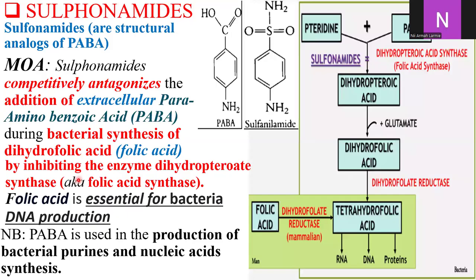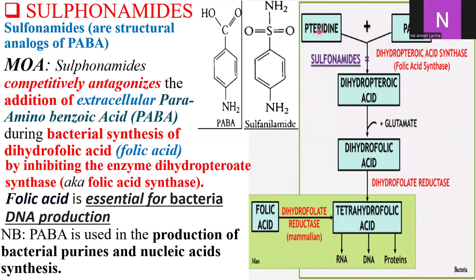Human beings cannot synthesize folic acid like microorganisms. Human beings have to take the folic acid as an end product in food or in medicine. But microorganisms are able to synthesize folic acid. And basically, these are the raw materials that are used: pteridine and PABA, para-amino benzoic acid.